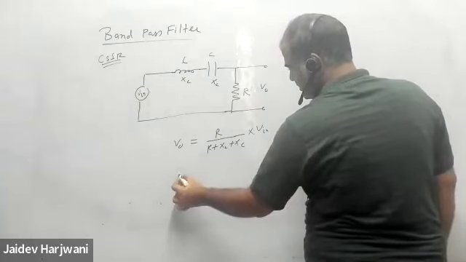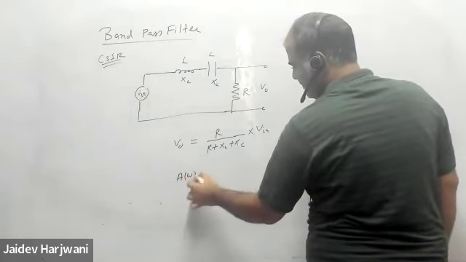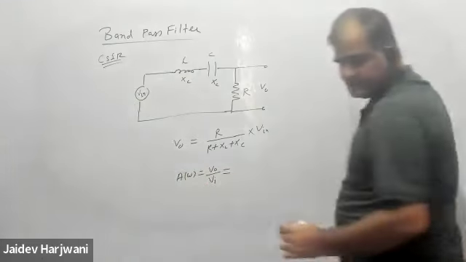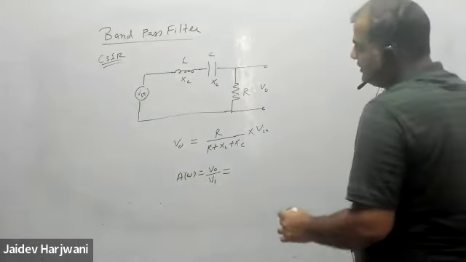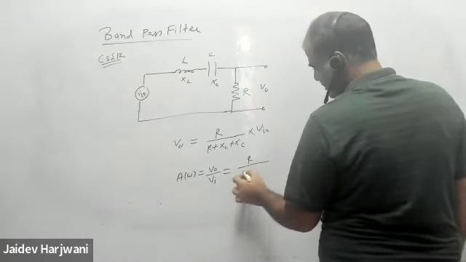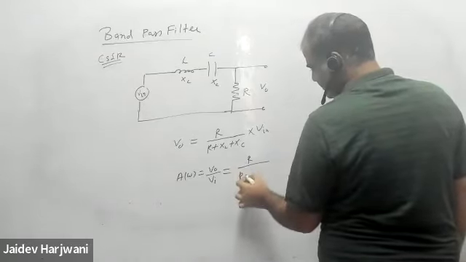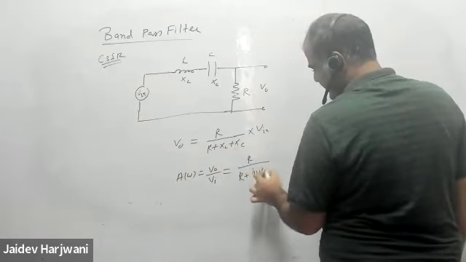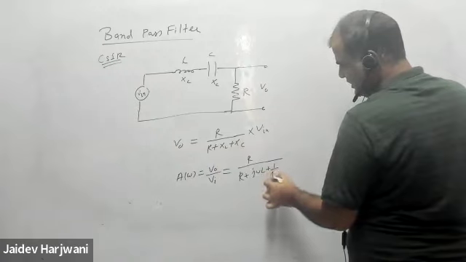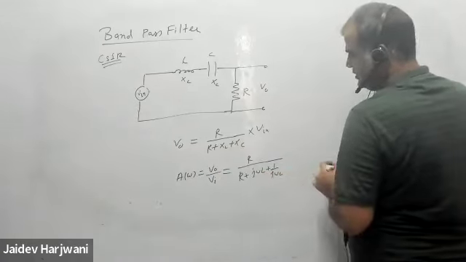So gain will be what? V output by V input, R upon R plus this will be your j omega L and this will be 1 upon j omega C.